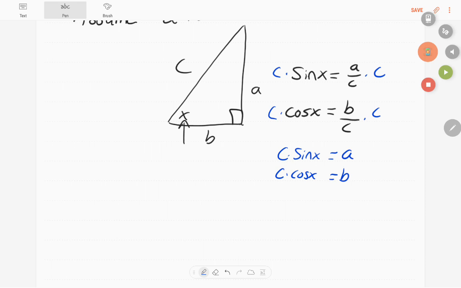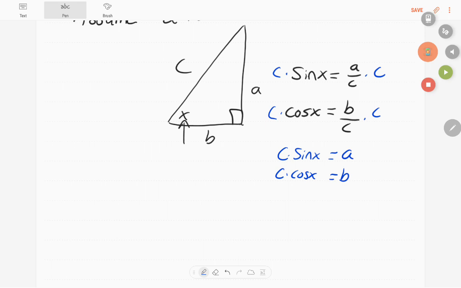Now that I know what a and b equal, I'm going to replace a with c times sine of x, in parentheses, all squared, and replace b with c times cosine of x, all squared. And this all has to equal c squared.